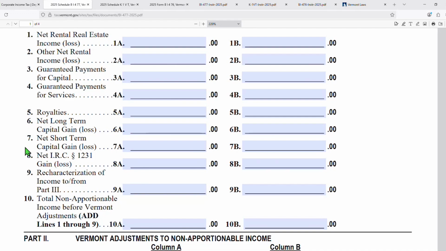We're going to be working on which of these lines are going to require a statement for MEF going forward. Admittedly, we're at the rudimentary stages of doing that, but for any of these lines where we're recharacterizing, or other, where there's a couple of spots left over where it says specify, we're going to try to create it so that the statement is required and attached, so you have the opportunity to tell us what's going on there.